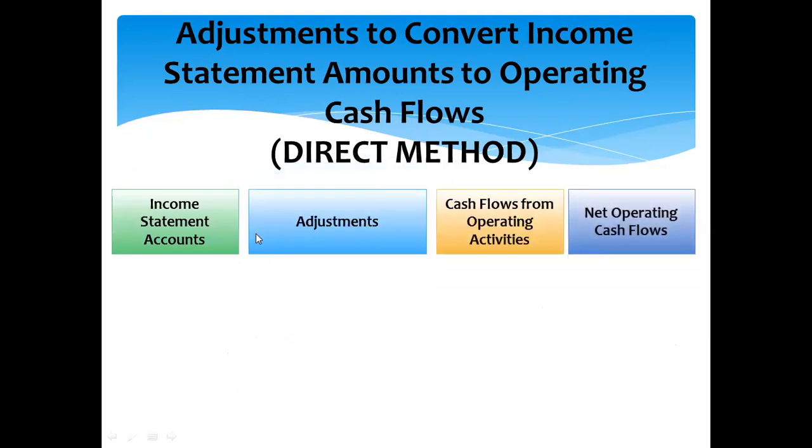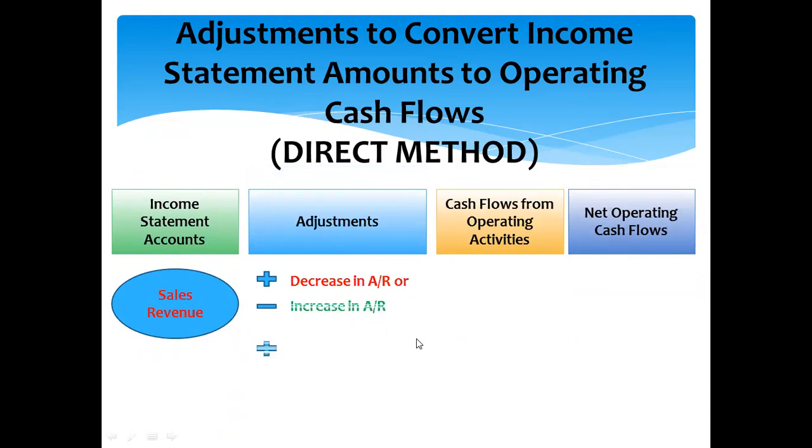Okay. So there's an income statement account here, and then what should be the adjustments? And then the cash flows from operating activities, and then the net operating cash flows. So if the income statement account is sales revenue, you add if there's a decrease in accounts receivable, or you deduct if there's an increase in accounts receivable.